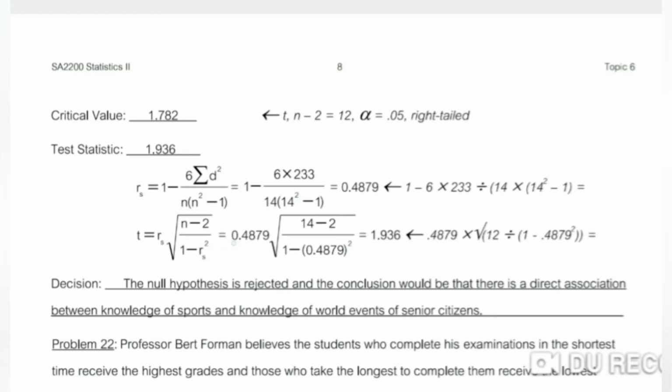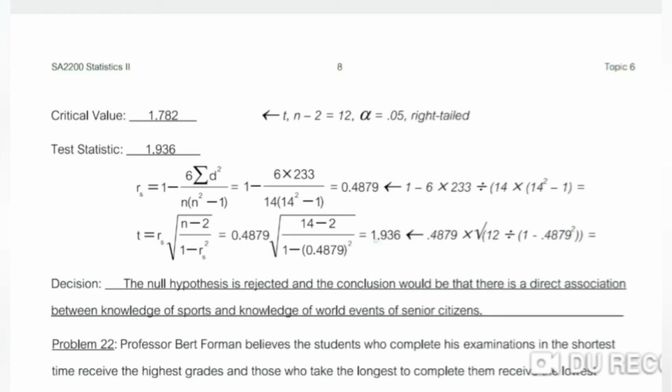If RS is negative, you must put the whole negative inside the square bracket. Don't forget this, otherwise you will get it wrong. After that, take 3 decimals, because the t table gives only 3 decimals. Therefore, if you compute the statistic, 3 decimals is enough.